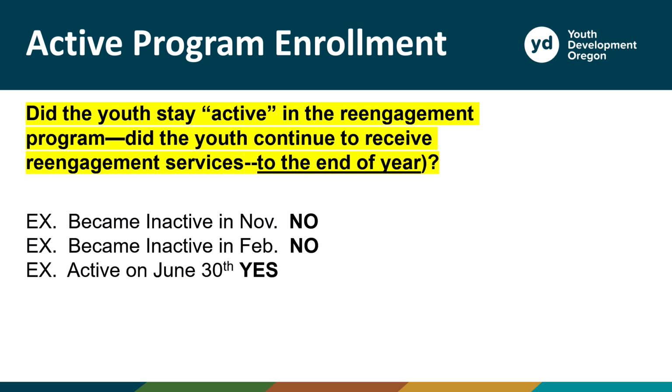For returning grantees, you might think of this column as replacing the end status column. And it's really pretty simple. If the individual leaves at any point before the last program day of the year, so they cease receiving services, then it's going to be a no. If they're still active on the last program day of the year, then this will be a yes.